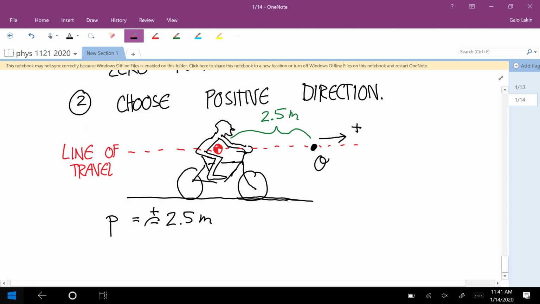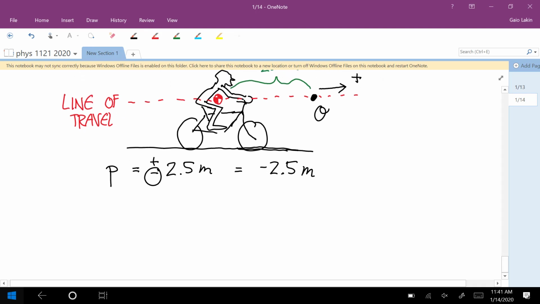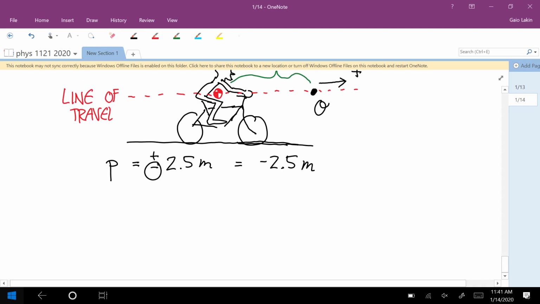Negative, so the answer is negative 2.5 meters. That's the position. Any questions about that? Position units are always length, and so if you're in SI units, position is in meters. Okay, so I want you to notice a couple things about this.